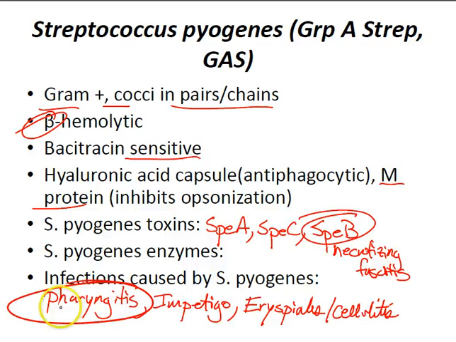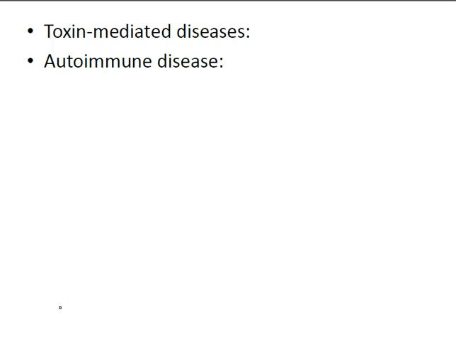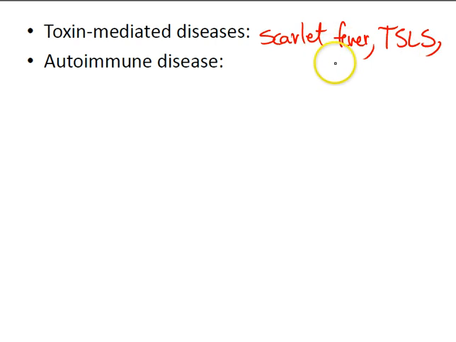So let's talk about those toxin-mediated diseases caused by Strep pyogenes. These are scarlet fever, toxic shock-like syndrome, necrotizing fasciitis.